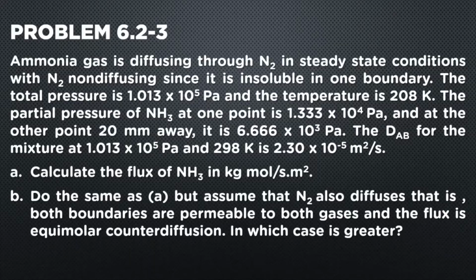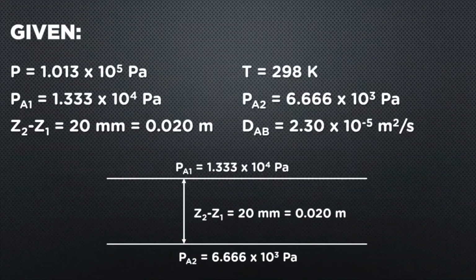So we are given the total pressure of 1.013 times 10 raised to the power 5 Pascal and the partial pressures of A at point 1 and point 2, which are 1.33 times 10 raised to the power 4 Pascal and 6.666 times 10 raised to the power 3 Pascals respectively.